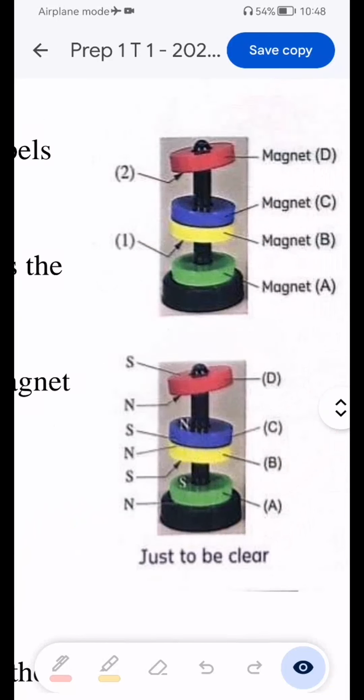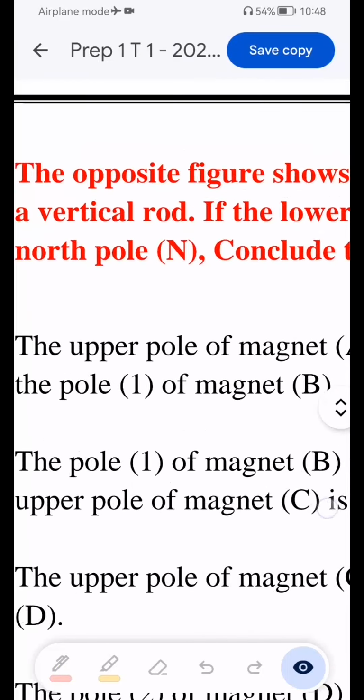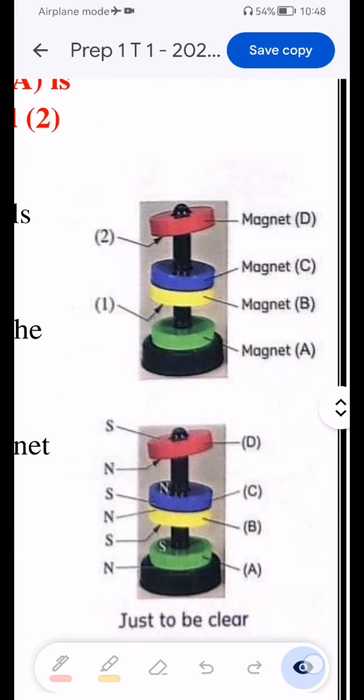We are asked about the poles of 1 and 2. We said the lower part of magnet A is what? It is north. And we said any magnet has 2 poles. So the upper part of this magnet will be what?